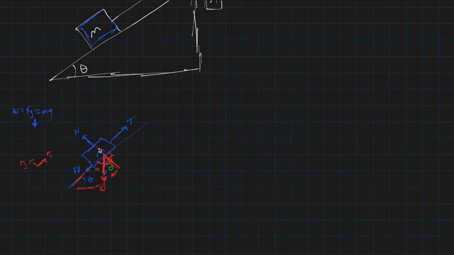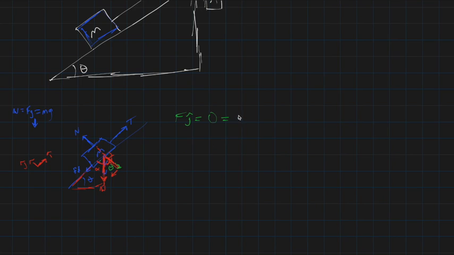So we see that if we take this angle, we take the cosine, right? The cosine is going to give us the magnitude going into the plane here. So we're going to have the sum of forces in the j hat direction equal to, well, we know the acceleration is going to be 0 because it's not going anywhere here. 0, which is going to equal mg cosine theta, because this is the hypotenuse, right?